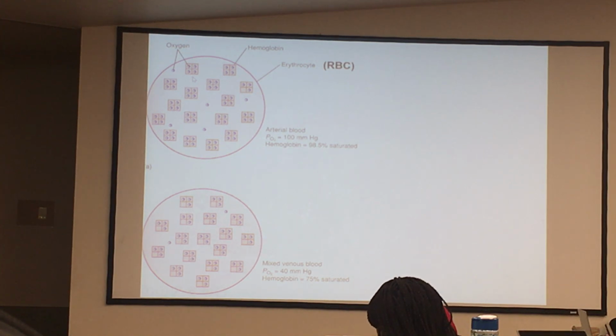And they have 4 heme groups. Here is a heme group, and each one will carry oxygen. So each hemoglobin will carry 4 oxygen. In the lung, almost 100% of them carry oxygen; in only a few cases it is 99% or 98.5%.